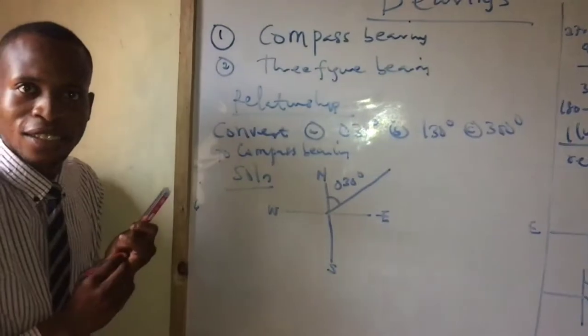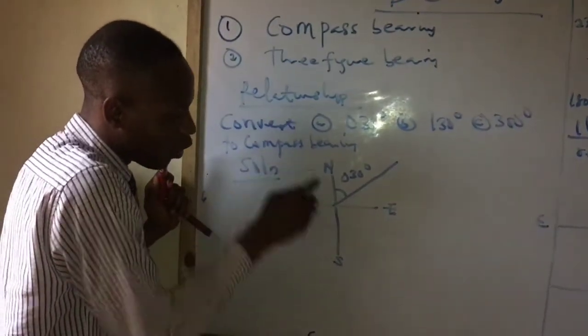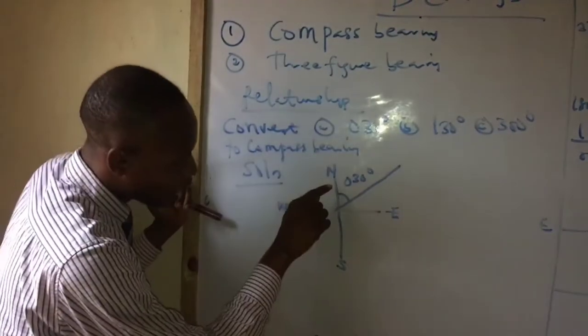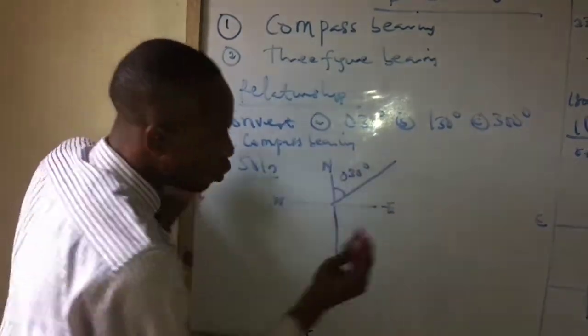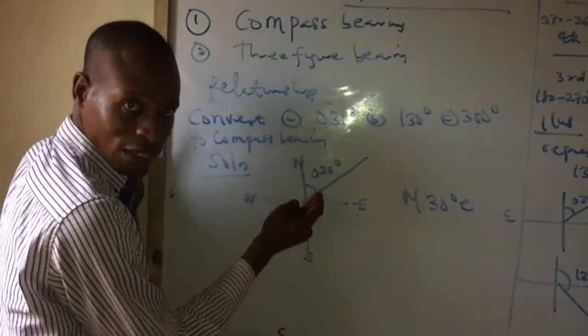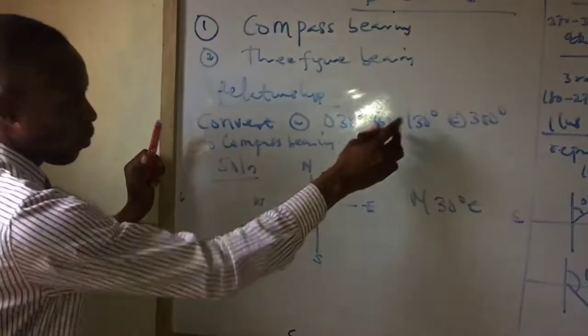The east. So like I said, you're actually moving from north or south to the what? East or west. That's for a compass bearing. So that means I'm already moving from north to what? Now to east. So this one will not have any problem. It's still going to be north 30 degrees east, because it's already starting from the north. So that's the answer.